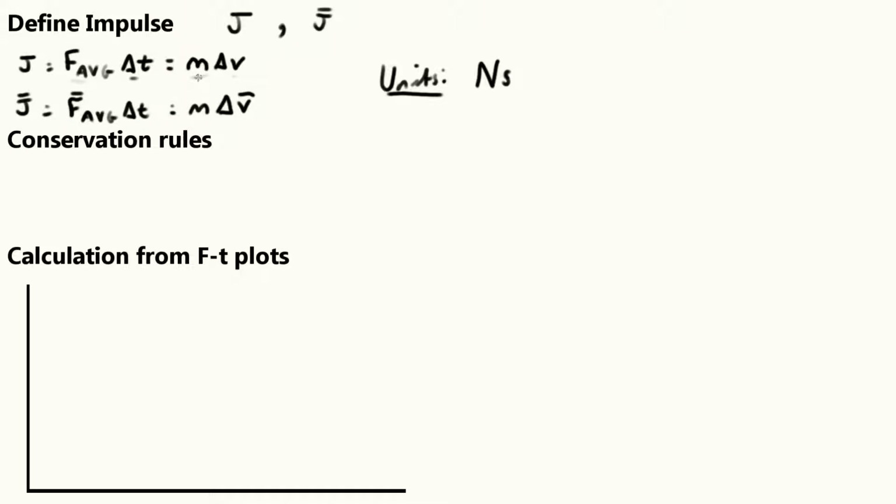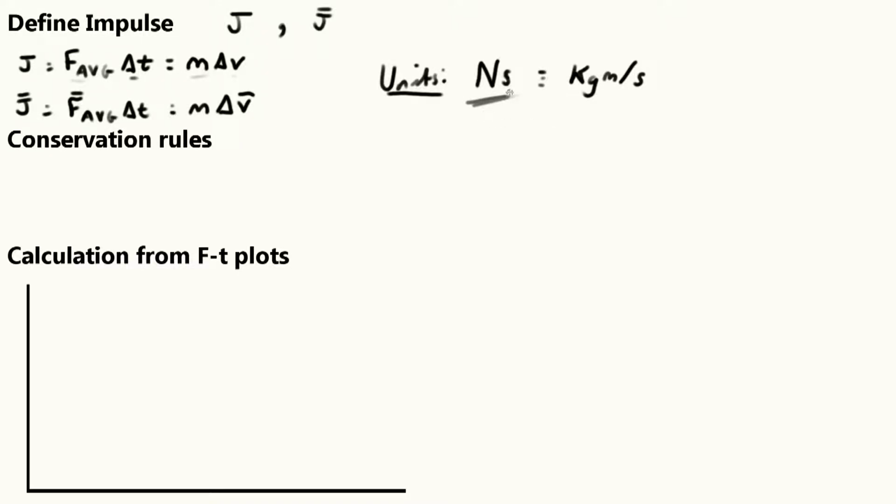But also consider that it is also exactly equal to a mass, which has the units kilograms, multiplied by a change in speed, which has the units meters per second. And so for our impulse, we can use the units newton seconds or kilogram meters per second, which are the exact units of momentum itself, as impulse is just defining a change in momentum. In this tutorial, I'll be using the units newton seconds.